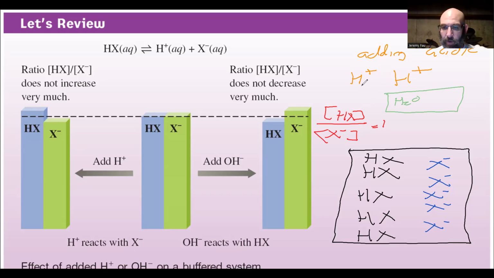When I add these 2 ions to water, there's nothing to react with the H plus ion. So my new solution is going to be H2O and 2 H pluses. Because there's nothing to neutralize this, the solution is going to become acidic. H plus greater than OH minus, pH drops.